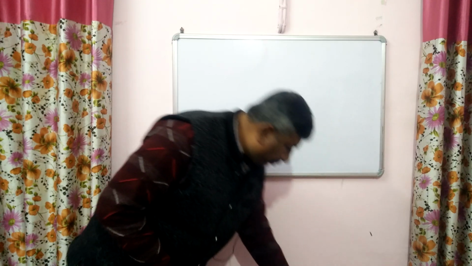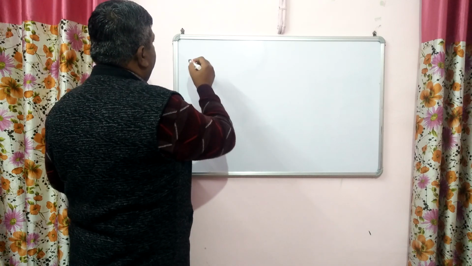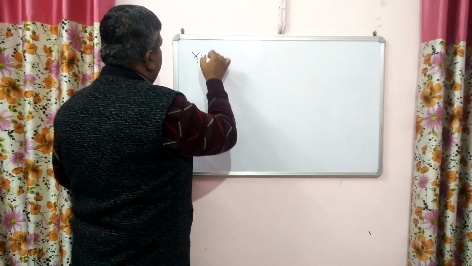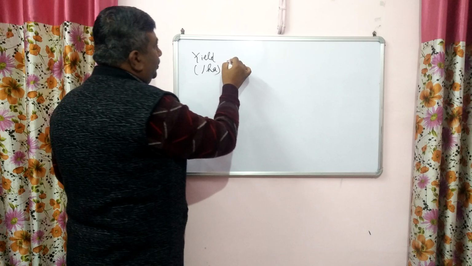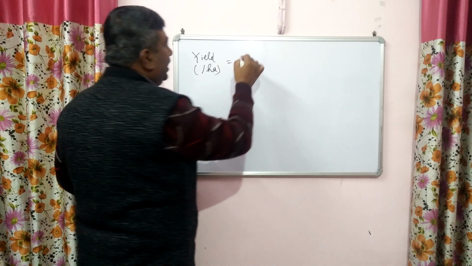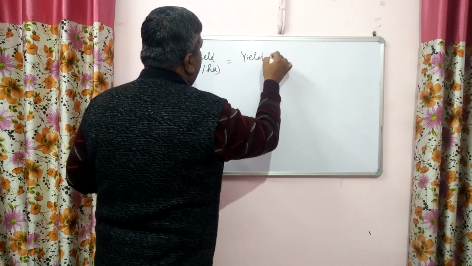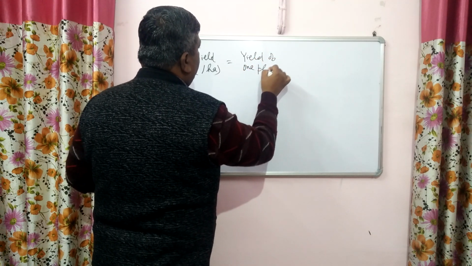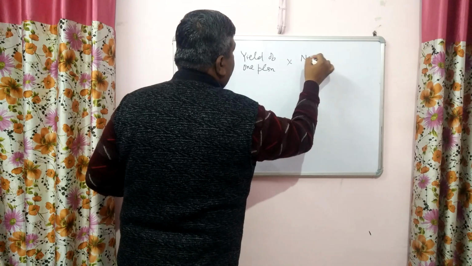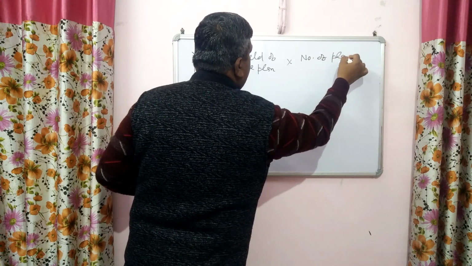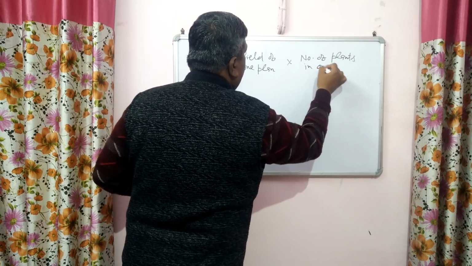So this is a very basic thing. If we know this basic concept, then we can calculate and estimate the yield. If we want to know the yield per hectare, first estimate the yield of one plant, then multiply by the number of plants in 1 hectare area.